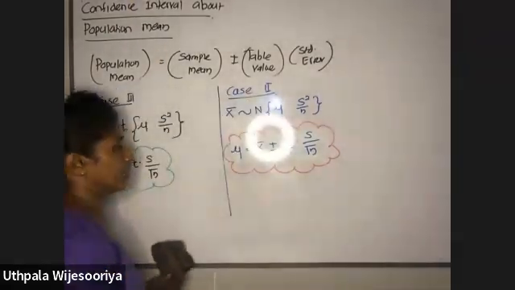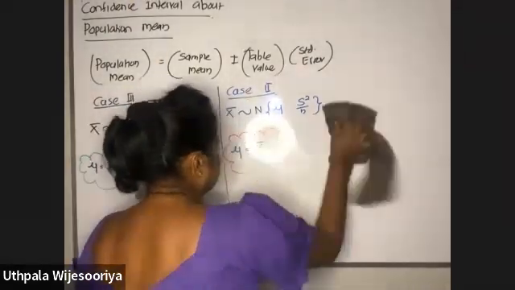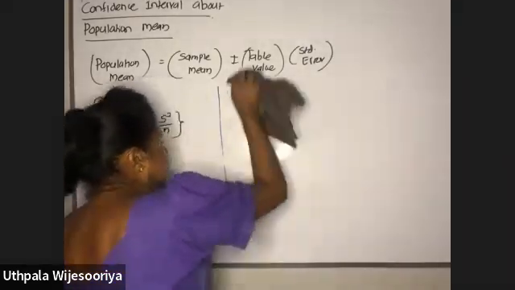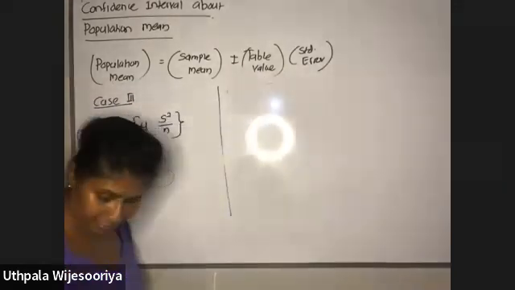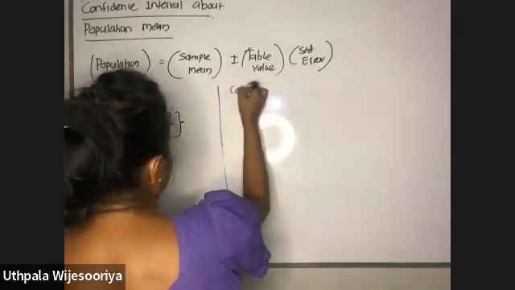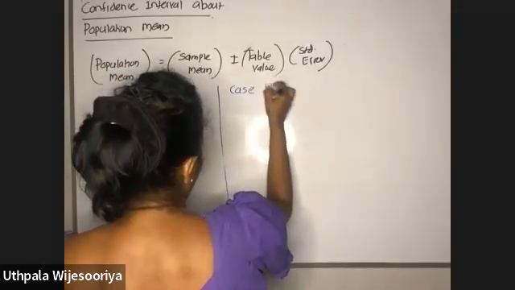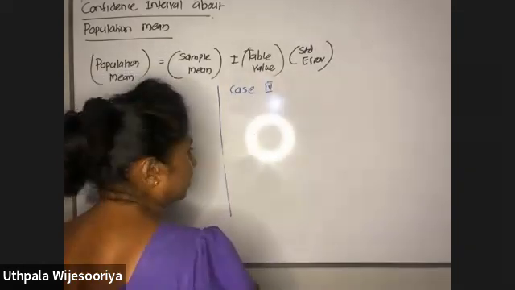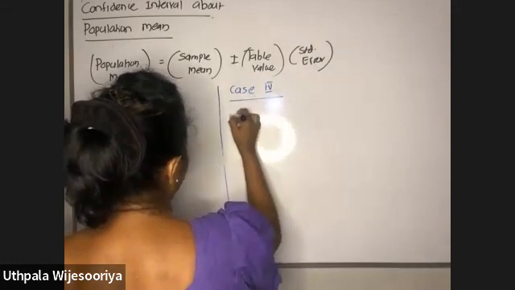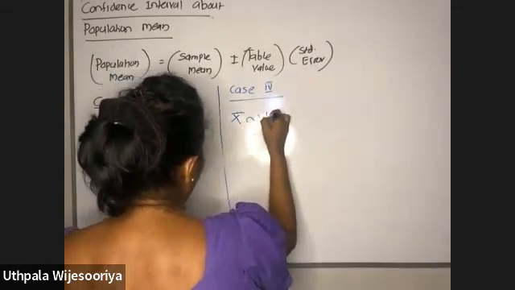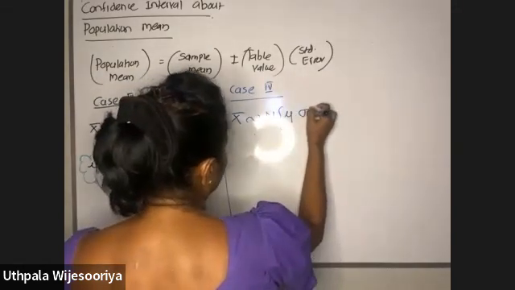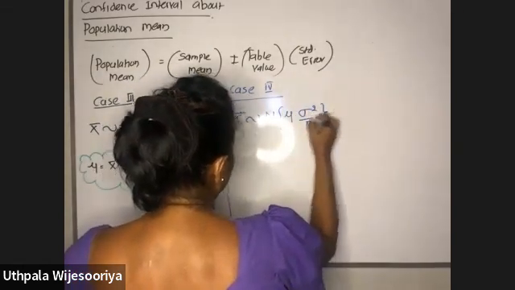Case number 4: population is not normally distributed, population variance is known, for large samples. The sampling distribution of sample means is approximately normally distributed with population mean mu and variance sigma square over n.